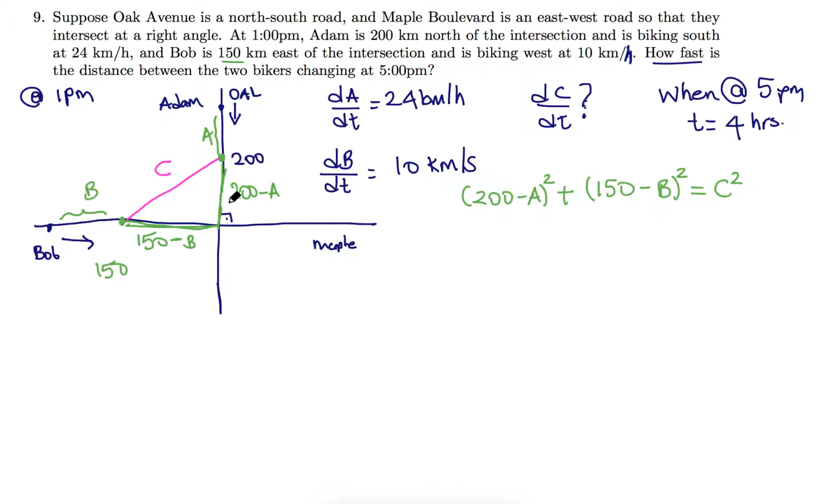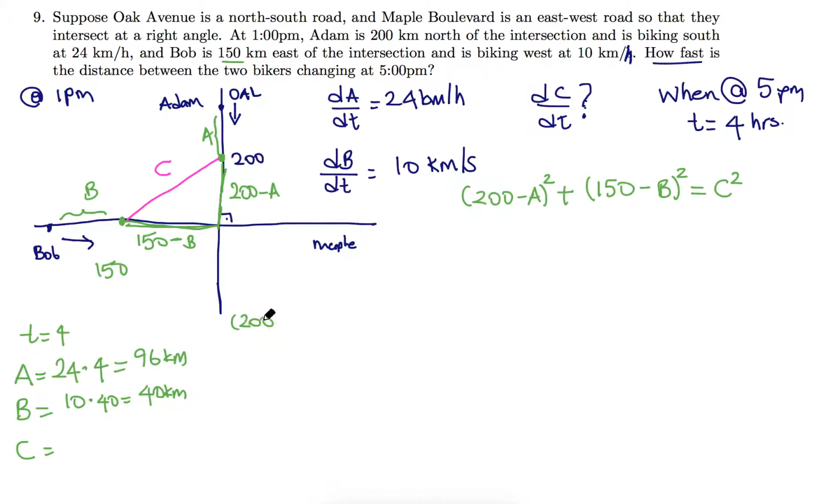And I can find the values of A, B, and C because T is 4. I don't have space there, so I'll write it here. T is 4, so Adam travels 24 times 4, which is 96 kilometers. Bob travels 10 times 4, so he travels 40 kilometers. And I'd like to find C, so I can use the Pythagorean theorem I just wrote.